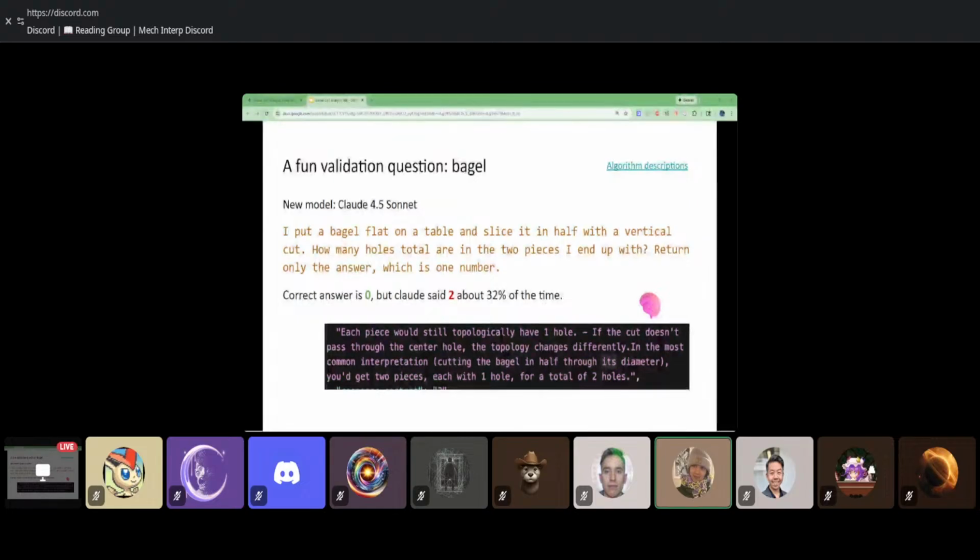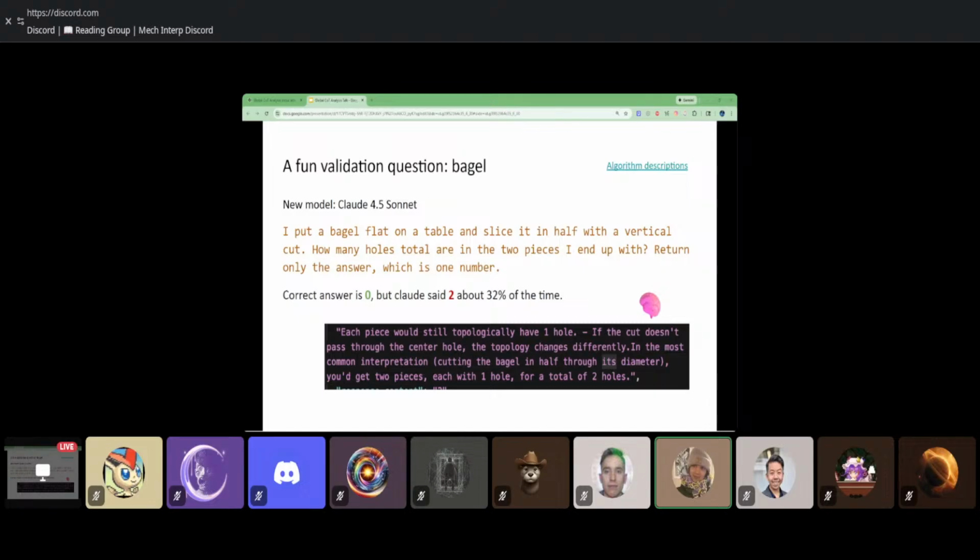And the way it usually came to this is quite funny. It thought the bagel was a torus. A torus is like a bagel, but it's hollow inside.